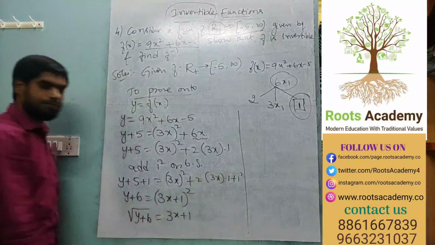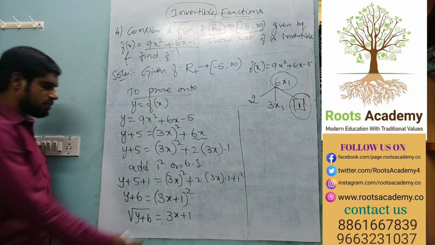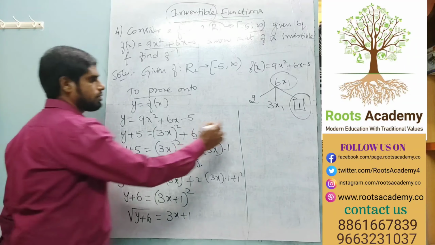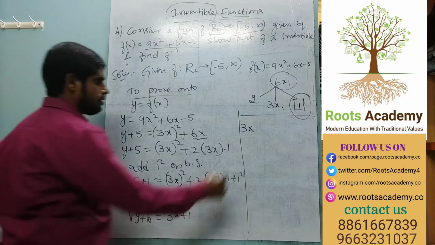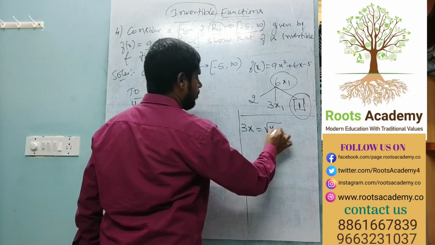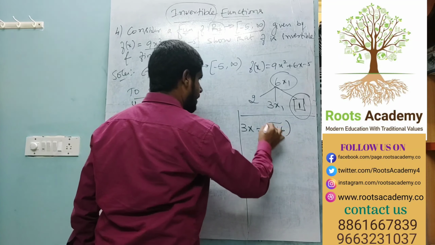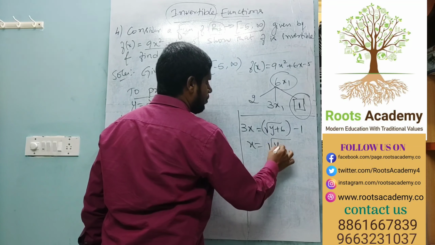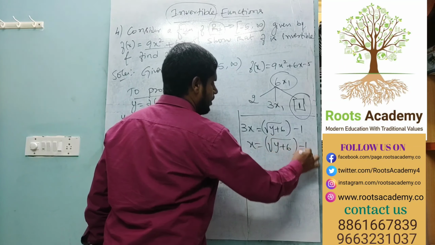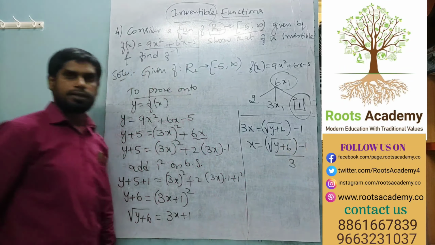Next, student, here I will shift this constant term to the other side, so that gives 3x is equal to root of y plus 6 minus 1. So x is equal to root of y plus 6 minus 1, whole divided by 3.